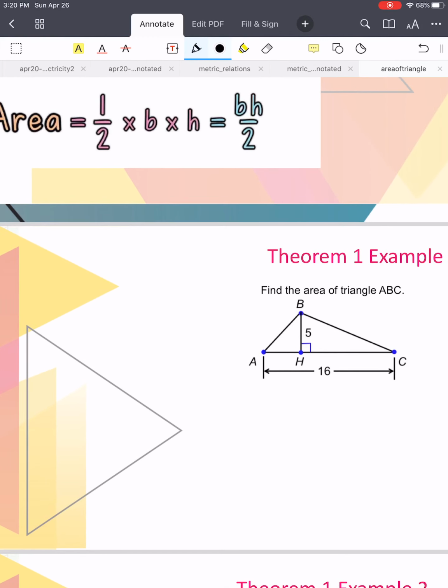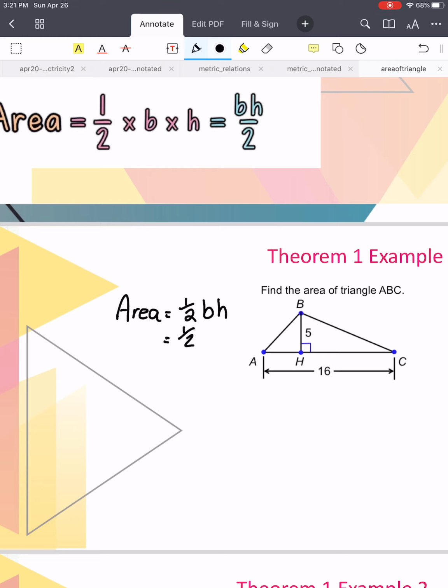We're going to call this theorem 1. So using theorem 1, find the area of triangle ABC. Theorem 1 says that the area is equal to 1/2 times the base times the height.